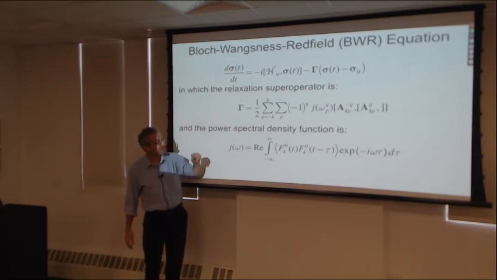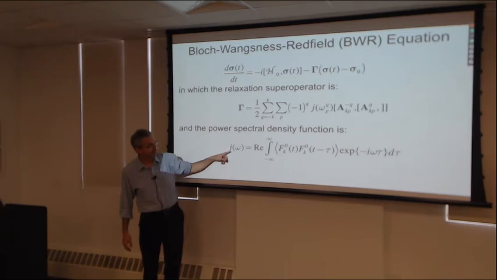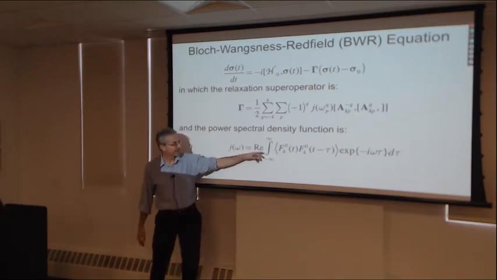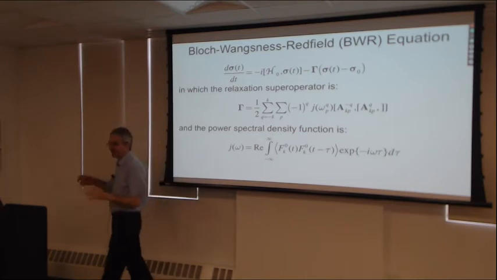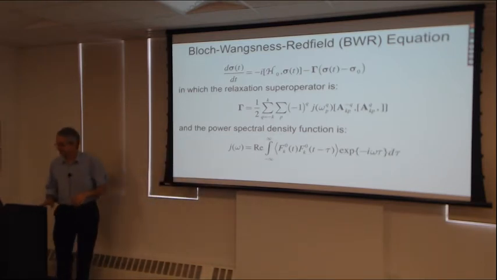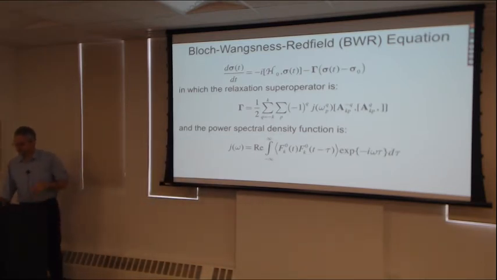And little j is the real part of the power spectral density function, where f are the stochastic functions. So j is the real part of the Fourier transformation of the autocorrelation function of f.